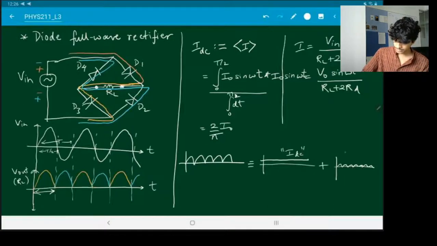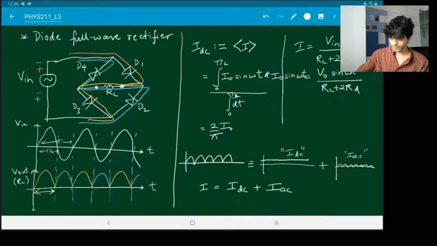So this is like an AC. So the total current is IDC plus IAC, and we are not interested in the AC part. We want to get rid of the AC part. That's why we are doing all of this. So the smaller the AC part, the better it is for us.